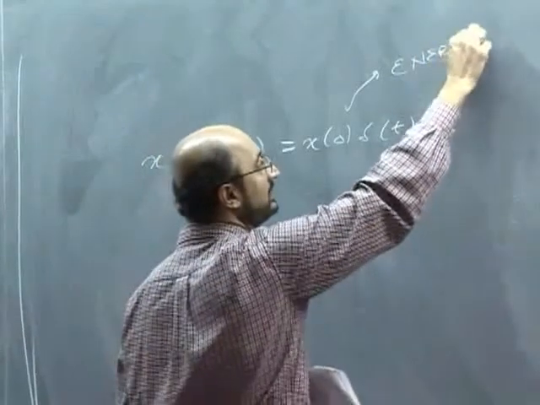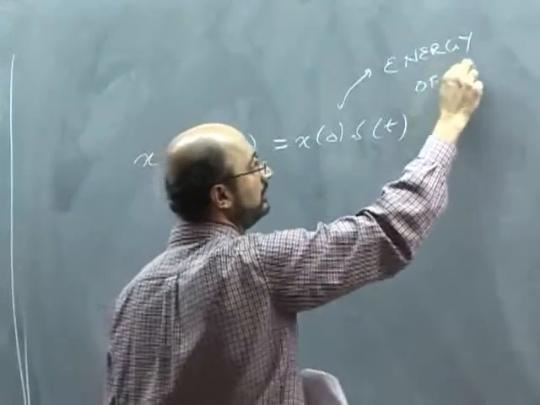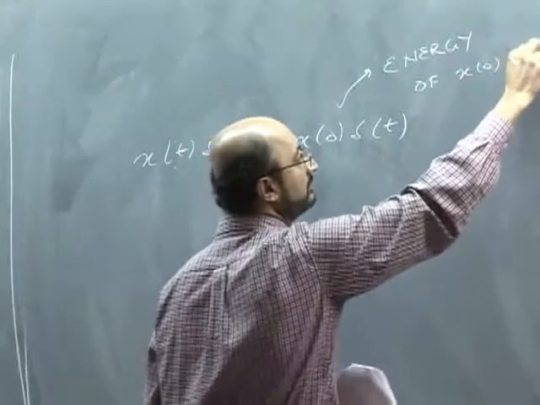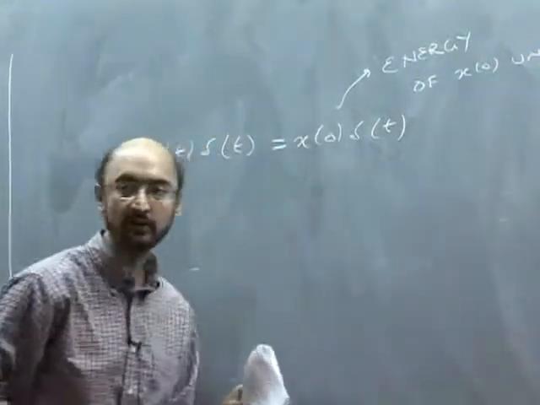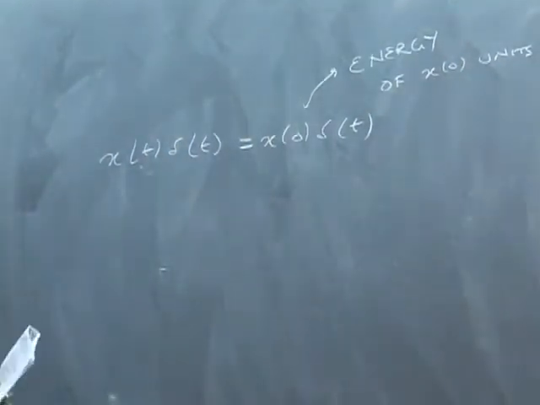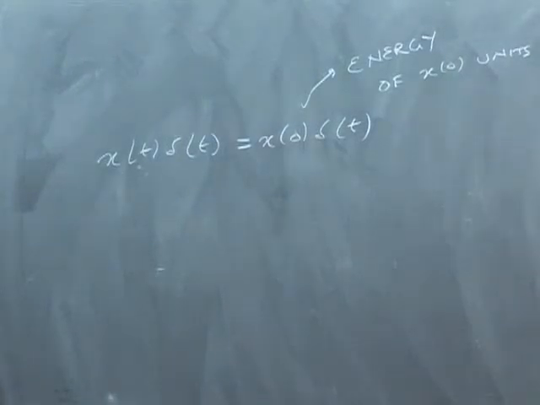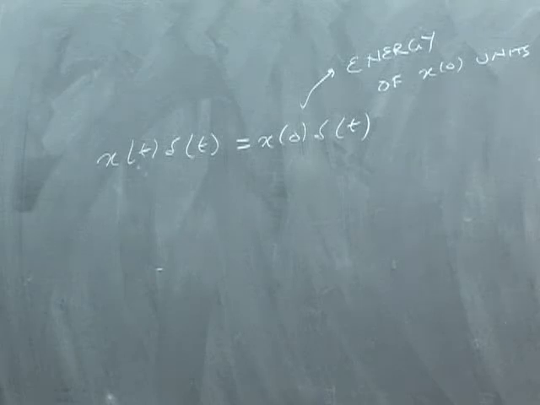That's why we say it's scaling x0 units. It's not the power that's scaling as much as the energy that's scaling. Again, we're working with delta, which is this mysterious thing, but I'm just trying to give you some intuition about what happens when you see x0 delta t.